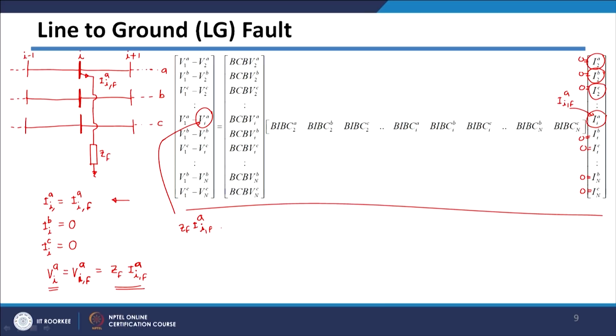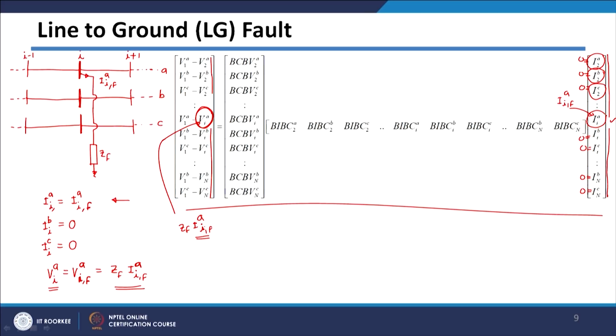So I am going to replace all these currents by 0 except this current. All other currents will be equal to 0, and then there will be post fault voltages at all the buses, and we know this voltage will be equal to ZF multiplied by the fault current in A phase.